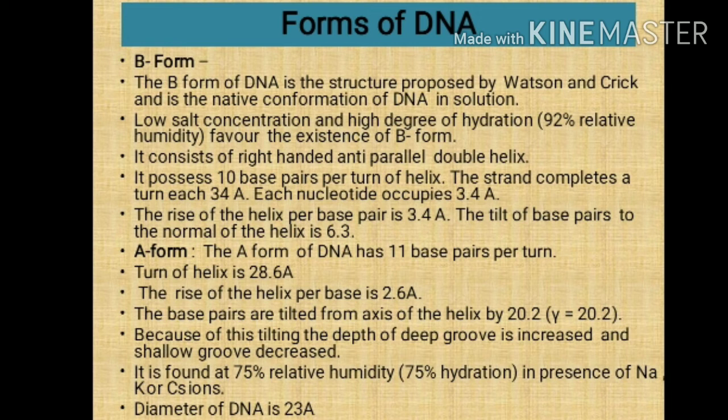Because of this more tilting, the depth of the deep groove is increased and the shallow groove is decreased. A form is found at 75% relative humidity, 75% hydration in presence of salts, sodium, potassium or cesium ions. Diameter of A form of DNA is 23 angstroms.